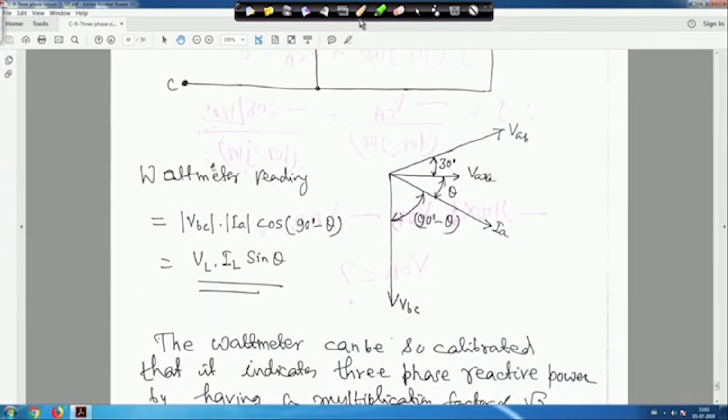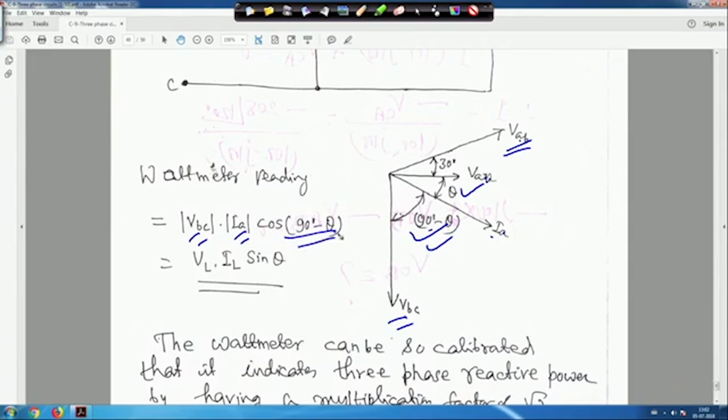Here in the phasor diagram, this is my VAB, this is my VAN, and IL lags by theta, and this is VBC. The angle between VAB and VBC is 120 degrees, you know. So the angle between VAN and VBC is 90 degrees, this angle is theta, so this angle is 90 degrees minus theta. Therefore the wattmeter reading will be the magnitude of VBC times the magnitude of the current IA times cos of the angle between them, which is 90 degrees minus theta.